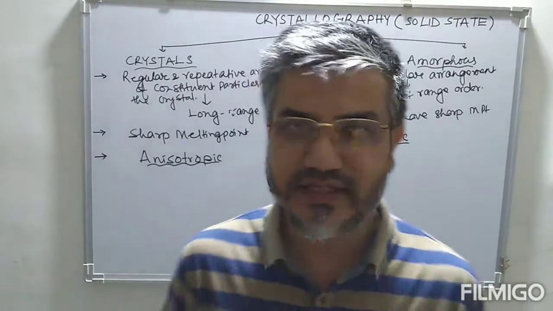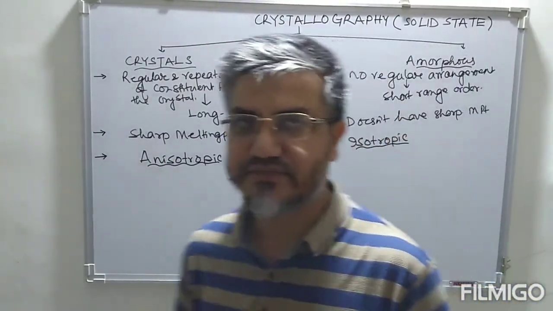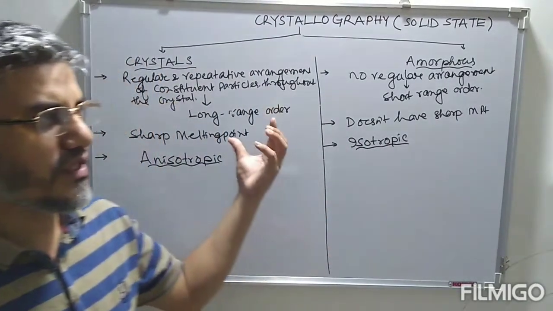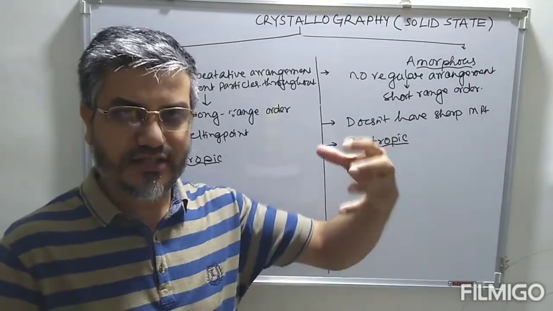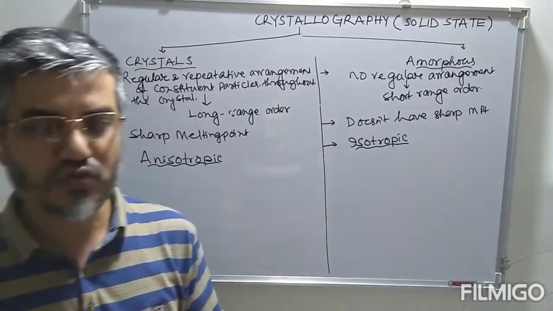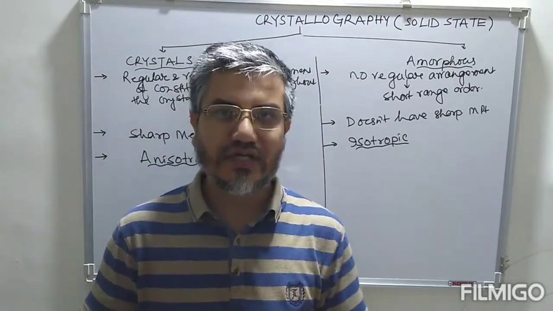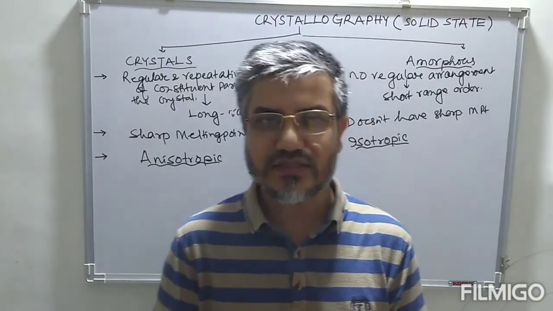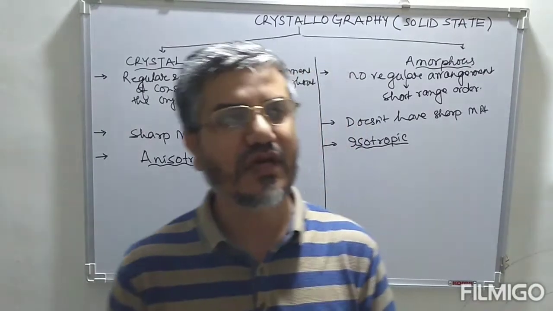So let me explain what is the meaning of anisotropic and isotropic. Now in crystalline compounds, we are saying there is a regularity and repetitive arrangement of the constituent particles throughout the crystals. So due to this regularity, the arrangement of constituent particles in different directions will be different.